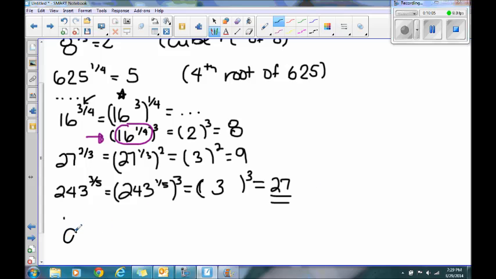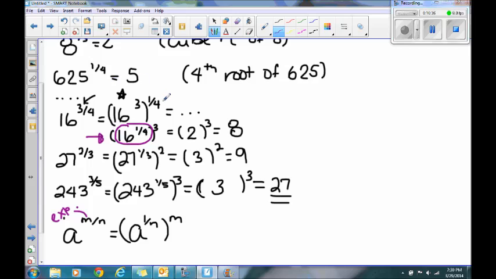In general, if I have an expression to the m over n power, I can find a to the 1 over n power and then raise it to the mth. In my fraction, the top number is the exponent, just like we've always looked at exponents. That 3 meant we cubed something. The 2 meant we squared something.